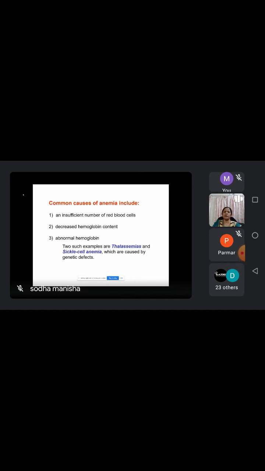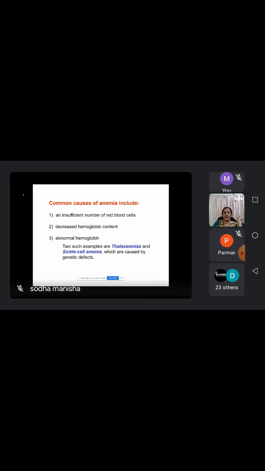If we examine these, we can tell whether the person is suffering from anemia or not. Proper diagnosis of anemia can be made by finding out the color index of the blood, and from the value of the color index anemia can be diagnosed.